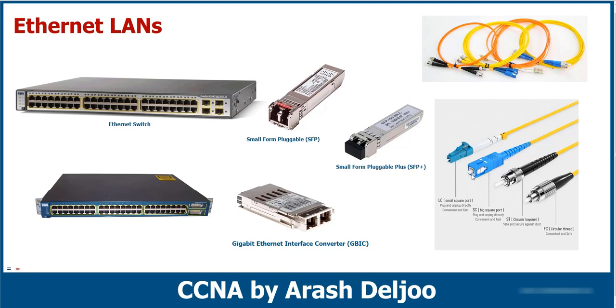Look at here. Here we have one LC connector. This is the LC connector. This is a small square port, and we can plug and play directly, convenient and fast, with this connector. The second connector type is the SC connector, a big square port, and we can plug and unplug directly, again convenient and fast.